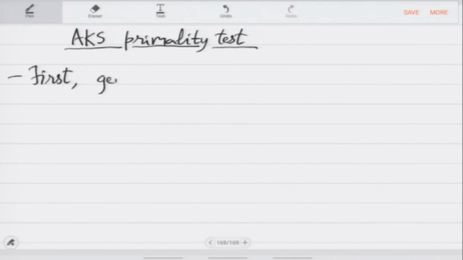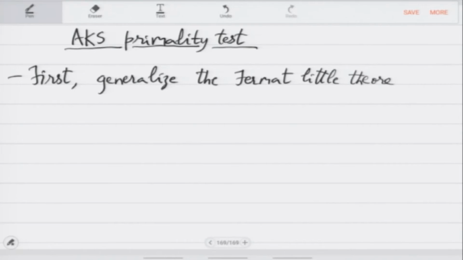So first we generalize the Fermat identity to polynomials. So Fermat identity, remember, was for a prime n, a raised to n is a.